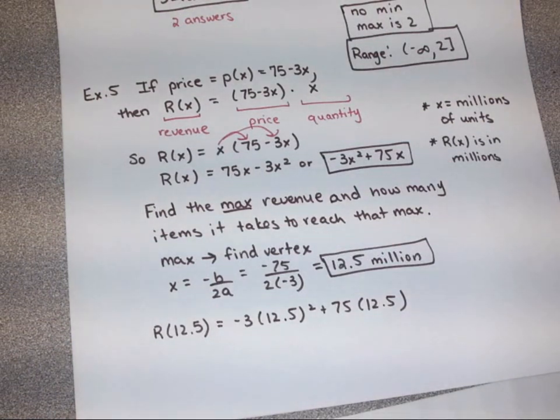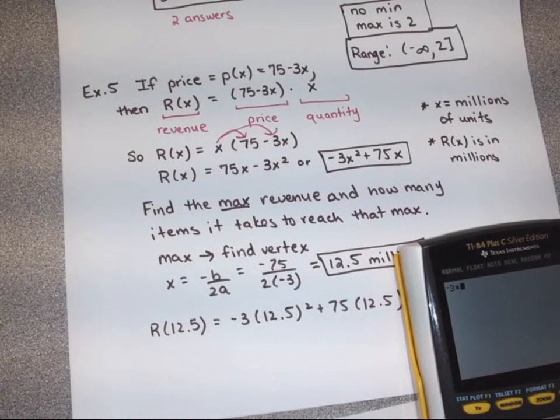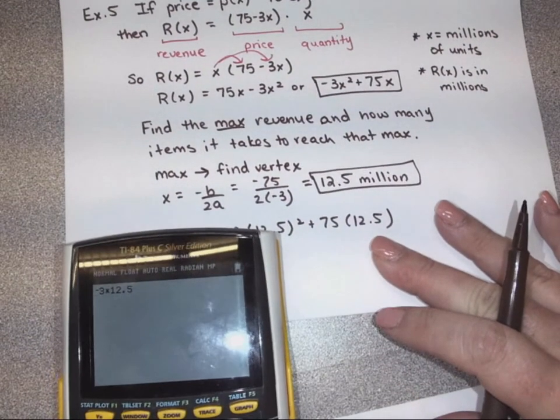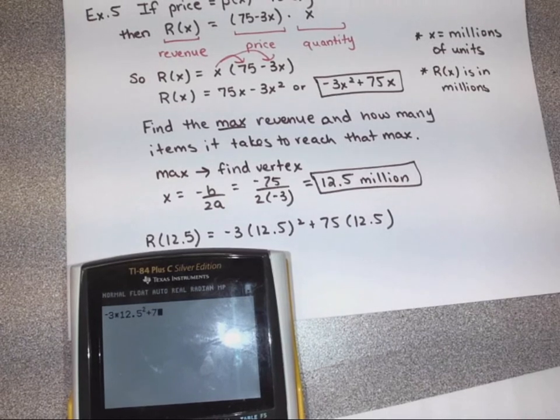And then remember that I said that revenue was also in millions. So it's negative 3 times 12.5 squared, and then plus 75 times 12.5.